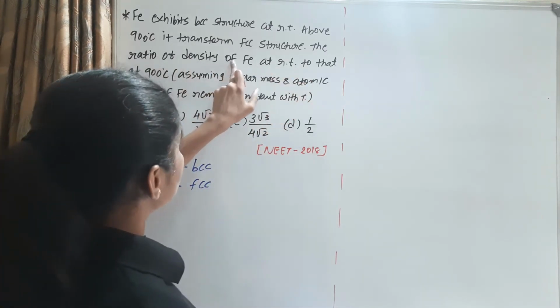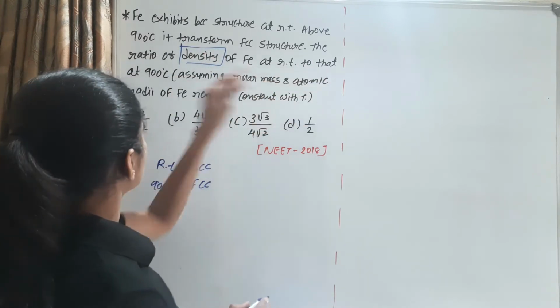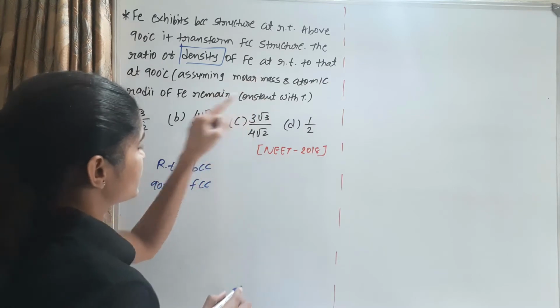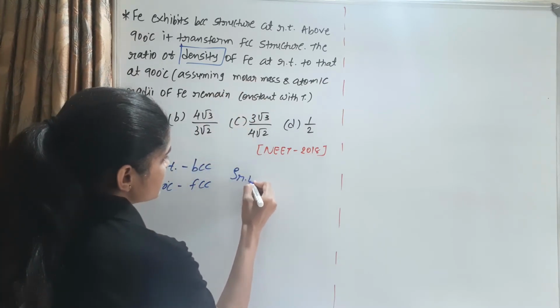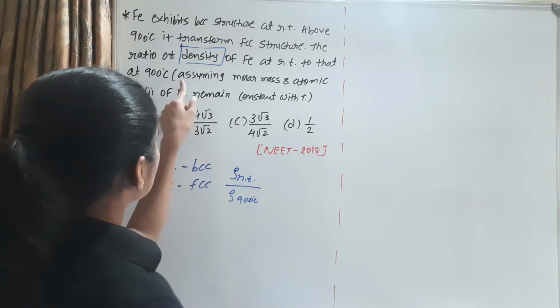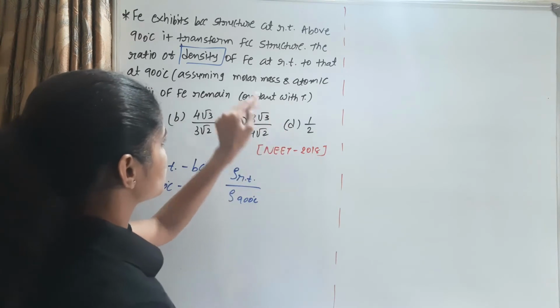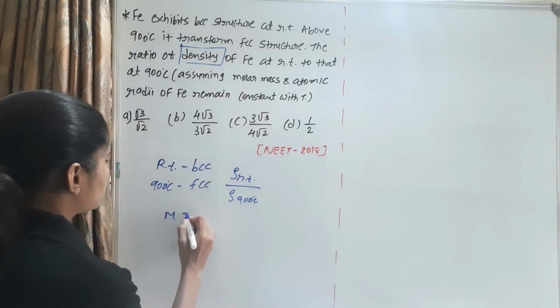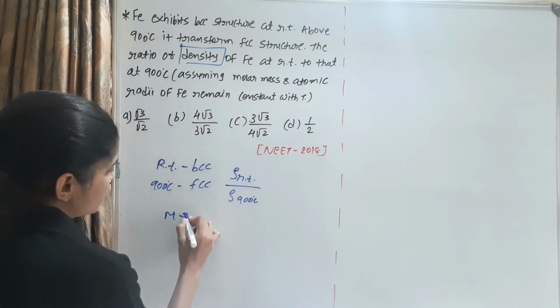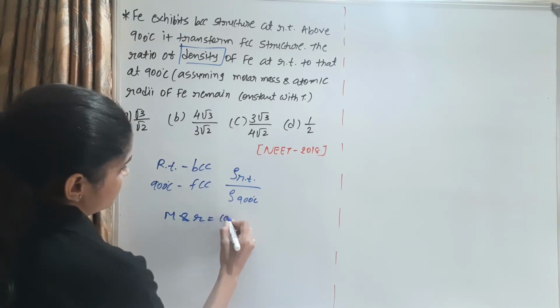The ratio of the density of Fe at room temperature to that at 900 degree, density at room temperature to density at 900 degree, assuming molar mass and atomic radius of the Fe remain constant. So molar mass M and atomic radius r are constant.